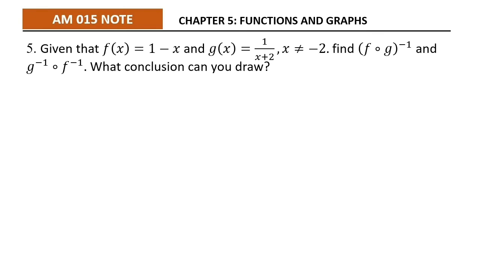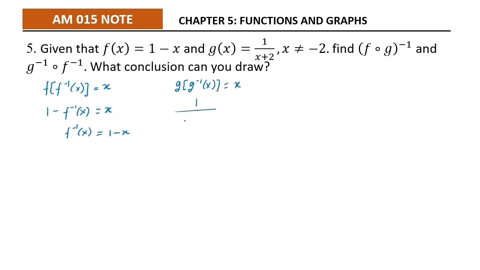And then find g inverse of f inverse. So we need f inverse. f of f inverse equals x, 1 minus f inverse equals x, f inverse equals 1 minus x. For g inverse, g of g inverse equals x. g is 1 over (x plus 2), x is now g inverse. 1 over (g inverse plus 2) equals x.